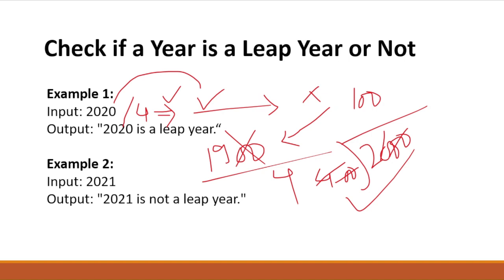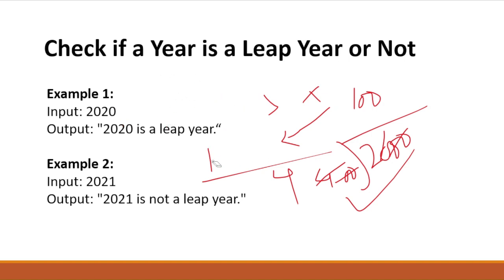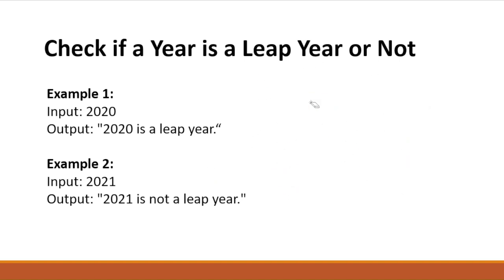What is the first condition? Again I am explaining, so the traditional approach will be cleared here. Any number which is divisible by 400, like 2000, is a leap year. Why is 2000 a leap year?